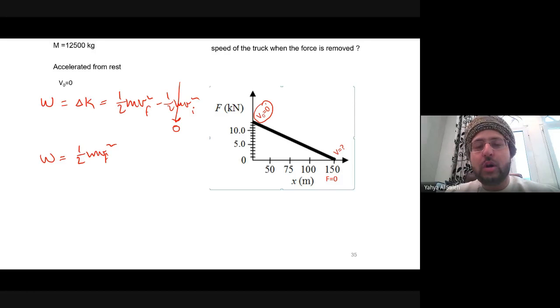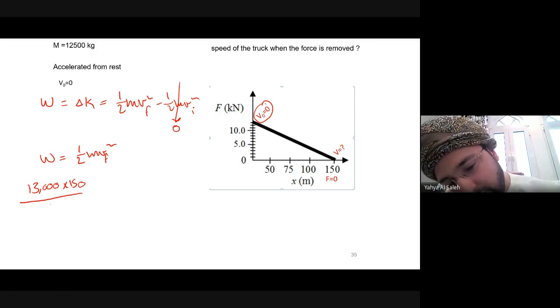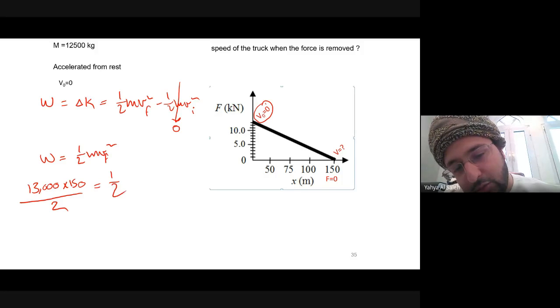What is work? Work is the area under this graph, force versus distance. So it will be 13,000 times 150 divided by 2 is equal to half mv f squared.